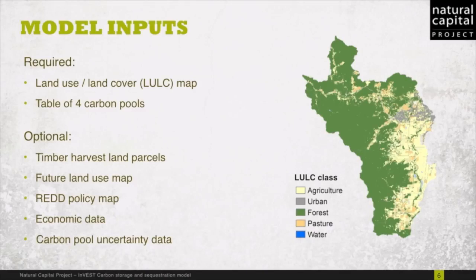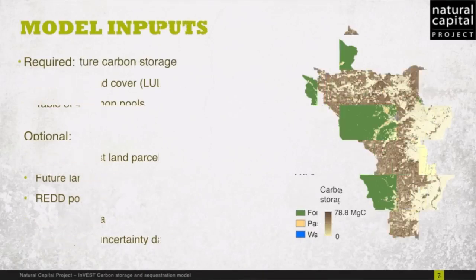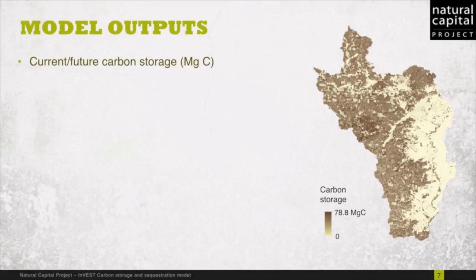Depending on which input data you provide, the model can produce different types of output. The most basic output is a carbon storage map, like the one pictured to the right, where values are given in megagrams of carbon. If a future land cover map is provided, carbon storage will be calculated for it, as well as sequestration between the current and future maps.